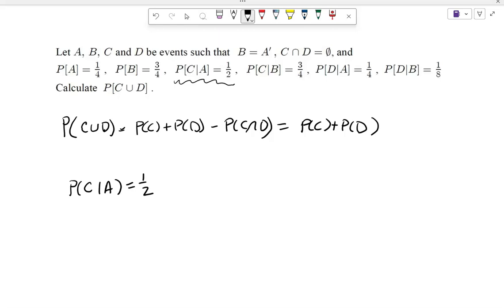How can you rewrite probability of C given A? Good. Probability of the intersection over the probability of the given, right?